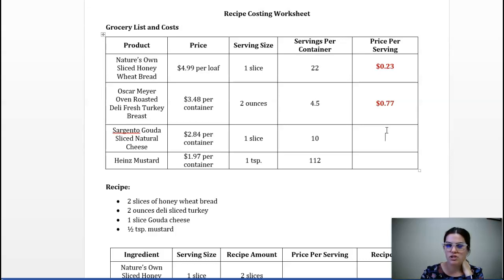So we divide 2.84 by 10, and that gives you 28 cents per slice or serving. And then we have our Heinz mustard, which was $1.97 per bottle. There's 112 servings. So $1.97 divided by 112, and that equals 2 cents.